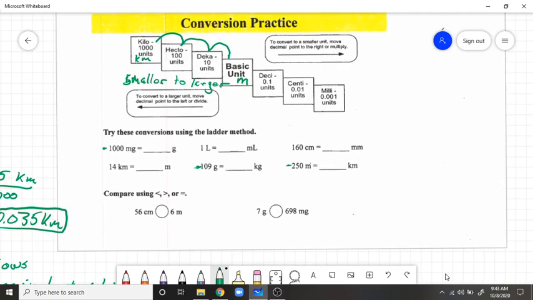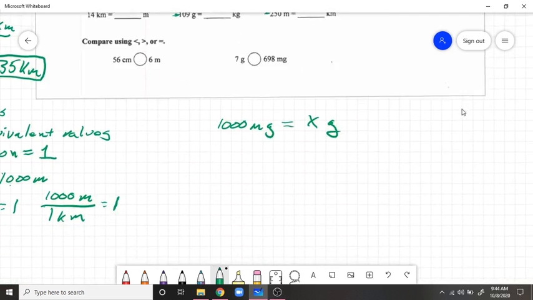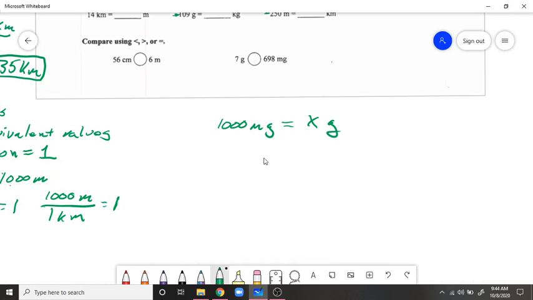Let's look at our conversion table. We have milligrams down here, and we're going up to grams, our base unit. So we know we're going to have to move the decimal point 1, 2, 3 steps to get to grams. And we are moving it to the left.